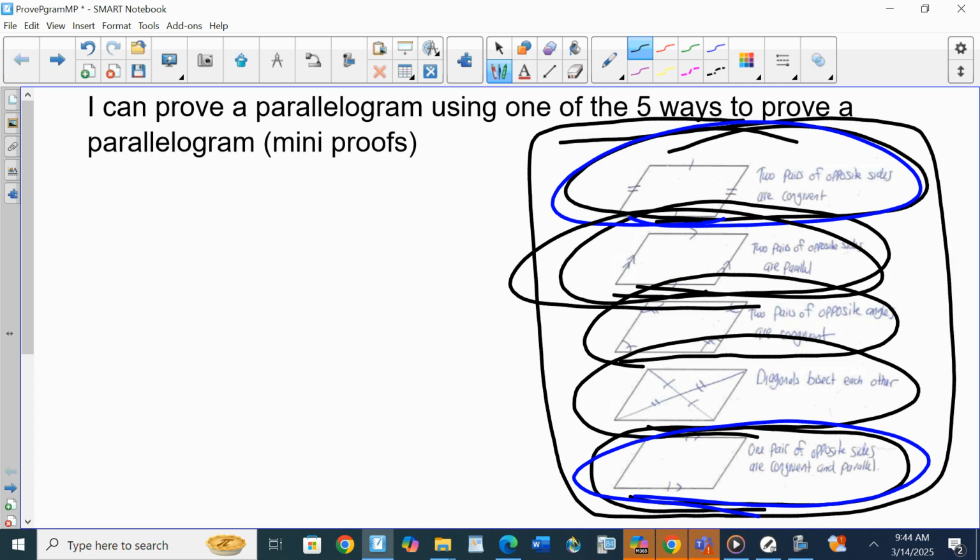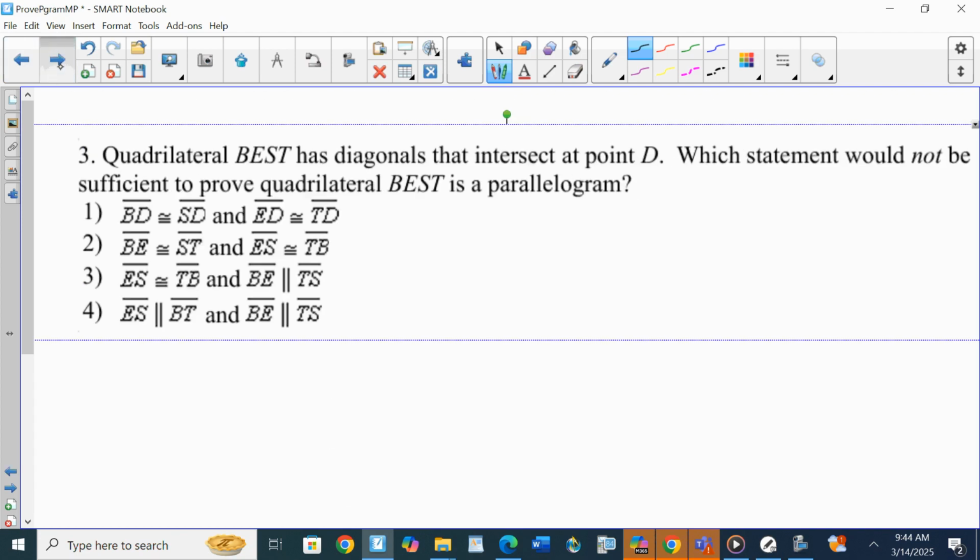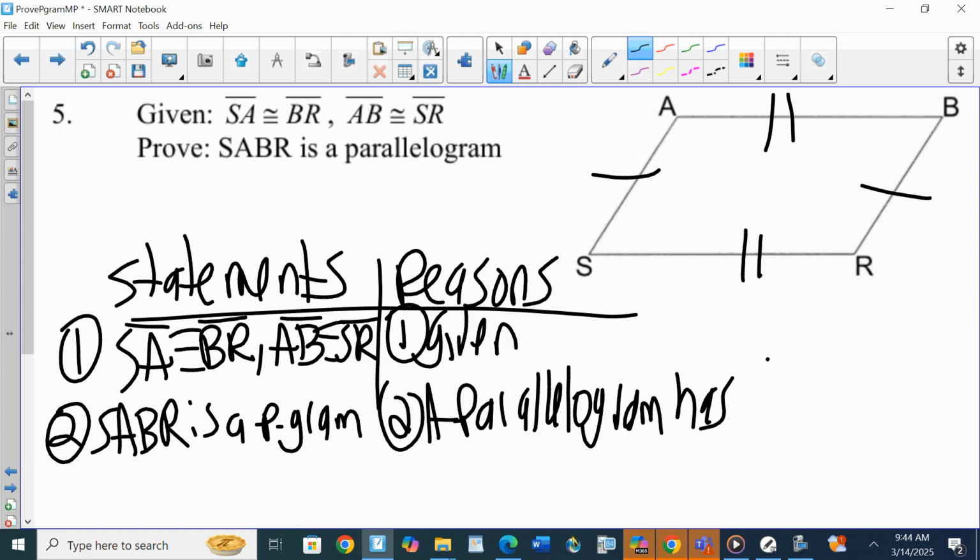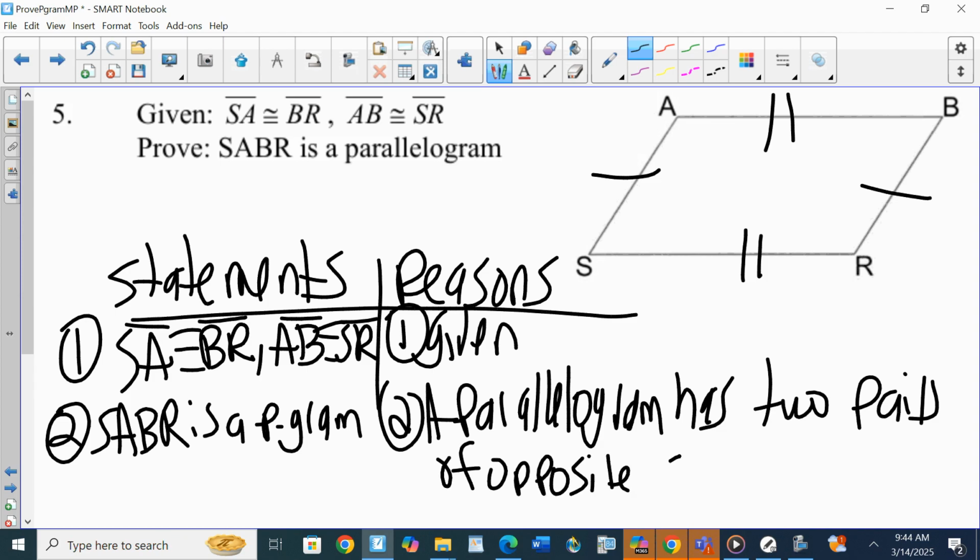I have 2 pairs of opposite sides are congruent, so a parallelogram has 2 pairs of opposite sides congruent. If I did 2 pairs of opposite sides parallel, then I'd say 2 pairs of opposite sides parallel. If I did diagonals bisect each other, then I would say because a parallelogram has diagonals that bisect each other. Whichever thing I mark, that's what I put in my reason. The parallelogram has 2 pairs of opposite sides congruent.